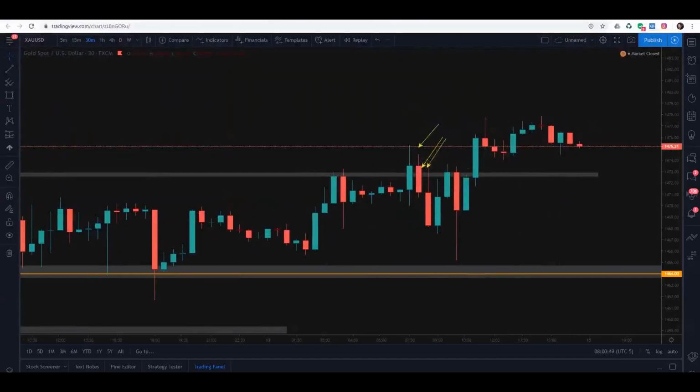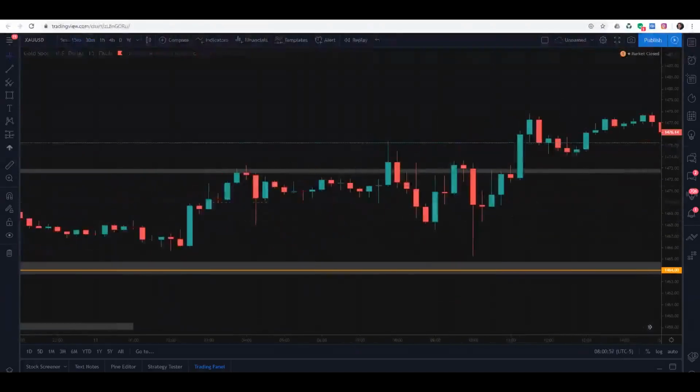And now if you look at the same thing on the 15-minute, let me just go to the 15-minute here real quick. Now you see on the 15-minute, even though this candle broke out, this broke back in, this closed bearish, the next one broke the high of the previous one.